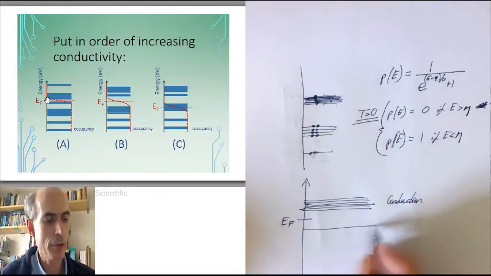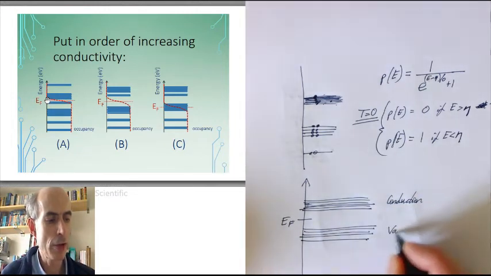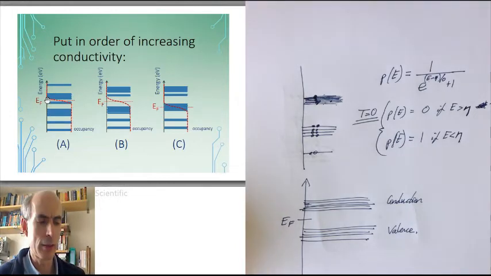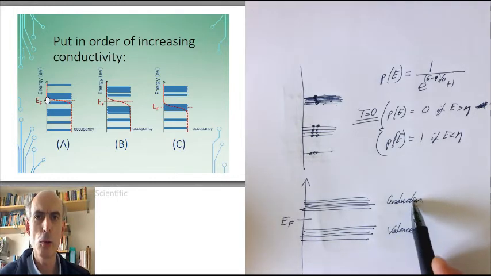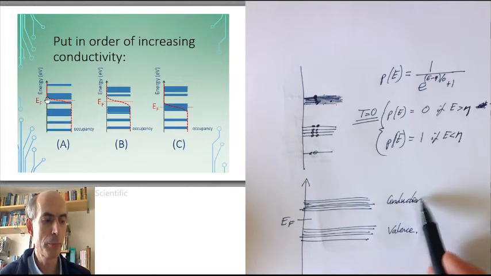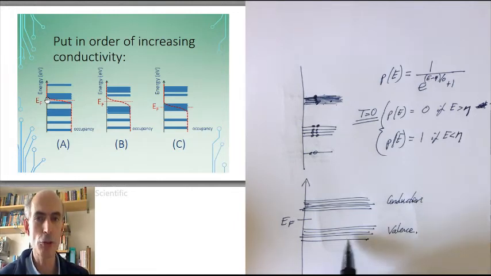And the band of electron states just below the Fermi level is known as the valence band. The terms are slightly confusing because you might think that the conduction band is where all of the electrical conduction happens, where all the current flows, but actually it's not. Some current can flow due to electrons moving in the valence band as well.